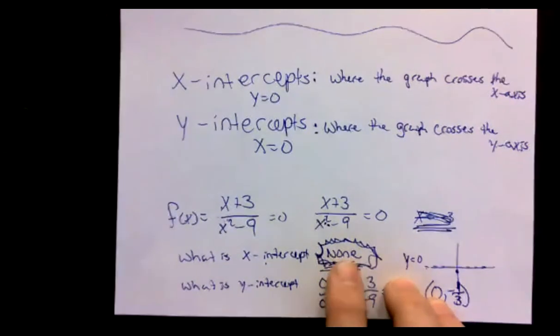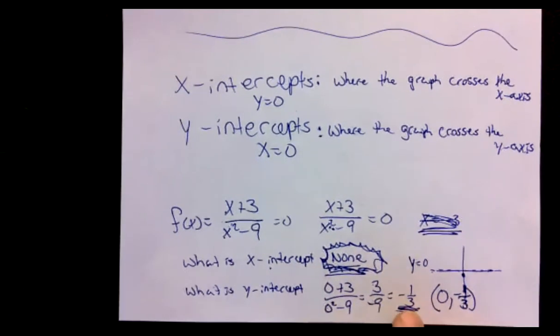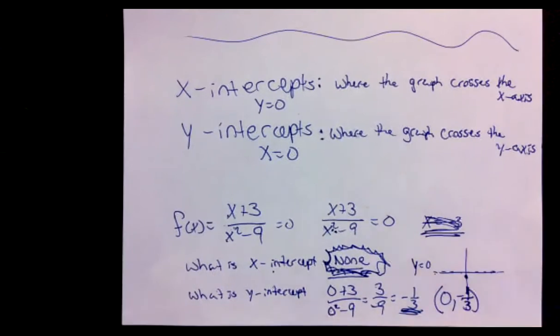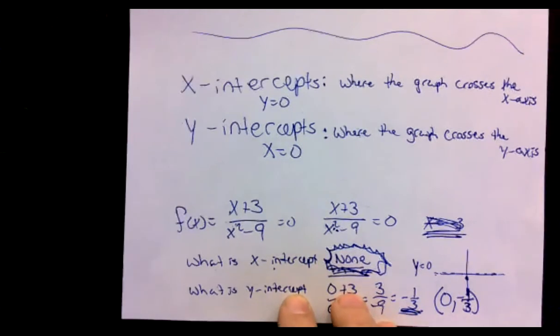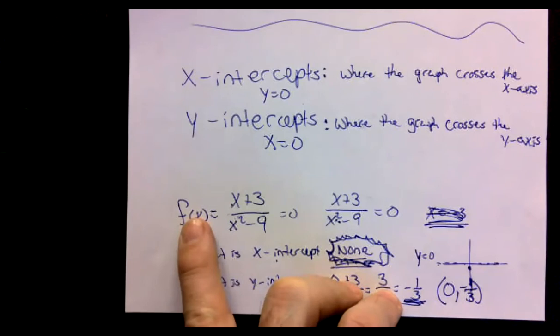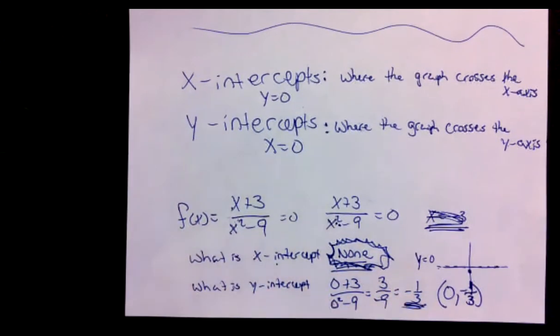We had no x-intercept because we had that horizontal asymptote at 0, and our y-intercept was 0, negative 1/3. So if it specifically asks you about x and y intercepts, your x-intercept is what causes the whole function to equal 0, if it exists. And then your y-intercept, you just plug 0 in for x.